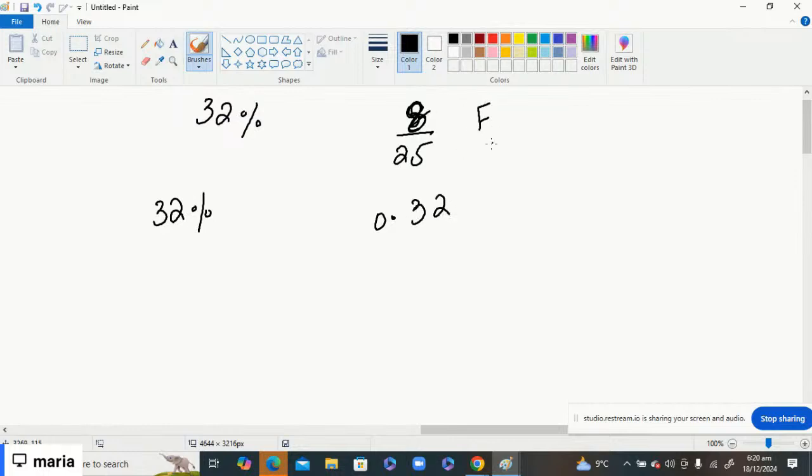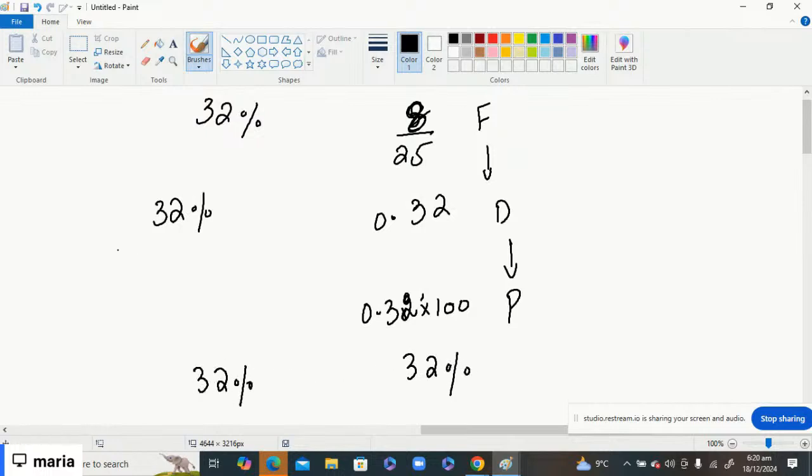Now this is fraction to decimal. Now decimal to percentage. 0.32 times 100. This becomes 32%. And this is also the answer of 32%. So these both are same. So 32% and 8 over 25 is same.